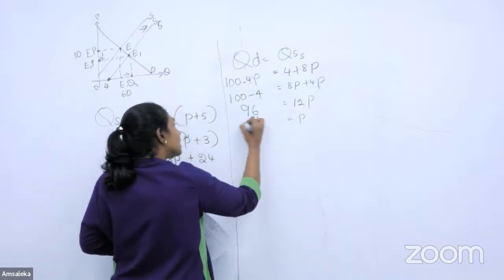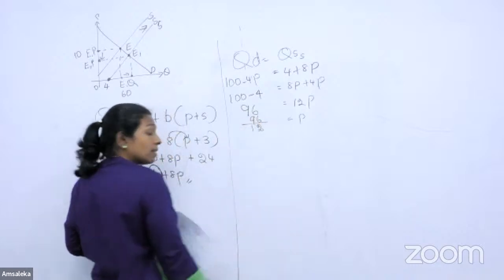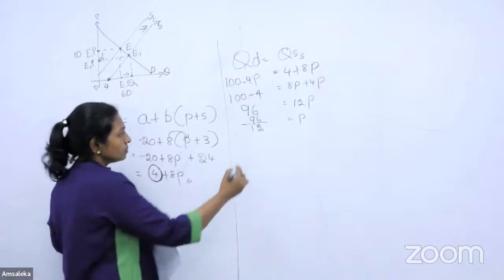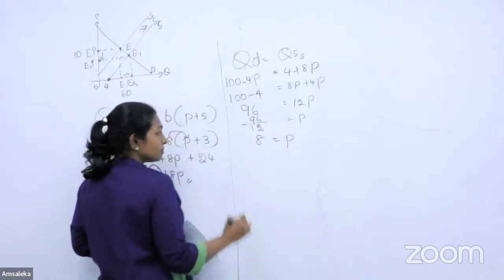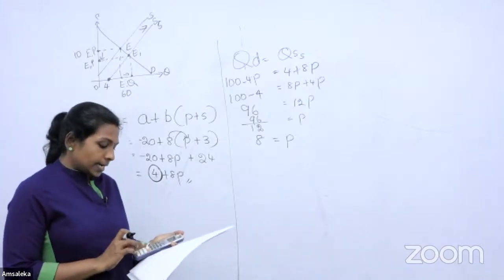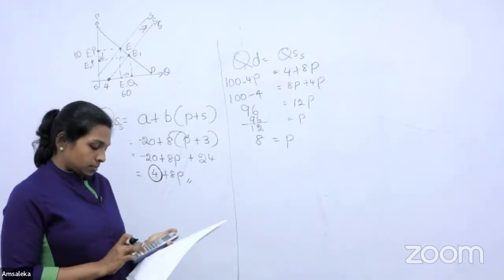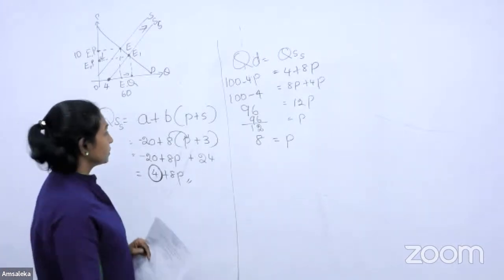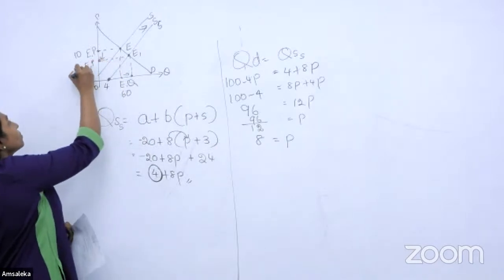Now p means 96 divided by 12. What's the answer? 8 rupees, no? Is that correct? Is the answer 8 rupees? Correct? Yes, 8. See, price has dropped.